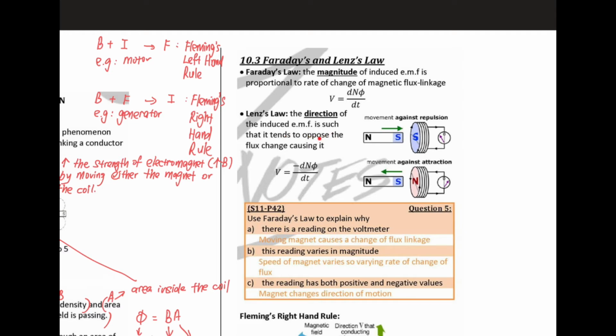How does it oppose? Example, if you are using a south pole to enter the coil, the coil will try to oppose this movement by creating another south pole over here. South and south, they will repel, right? So you want to enter, then it opposes you by creating a south pole.